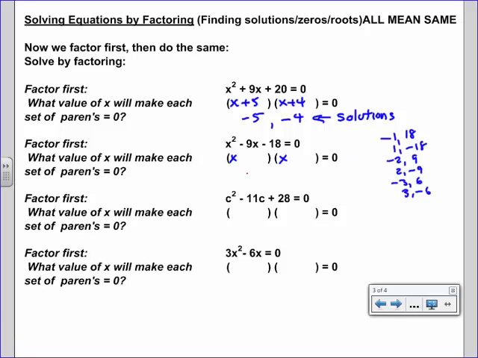Sometimes I use the word prime. So anything that's not factorable, we'll have to learn another method on how to find the solutions.